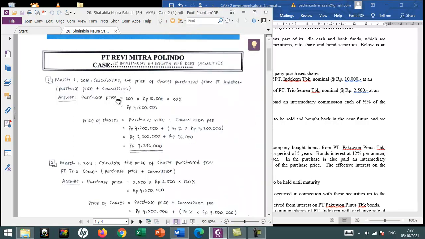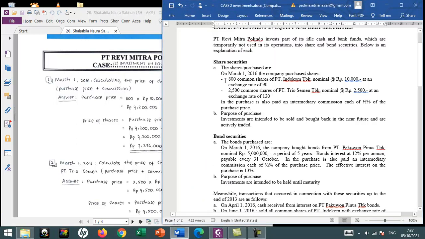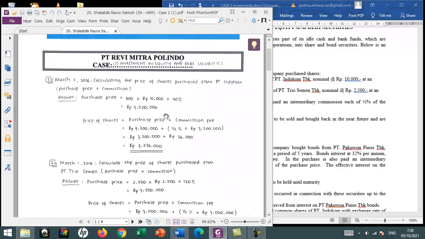Salsabila already counted the purchase price correctly: 800 common shares, with the nominal value of 10,000 rupiahs and the exchange rate of 90%. So the purchase price is 7,200,000.